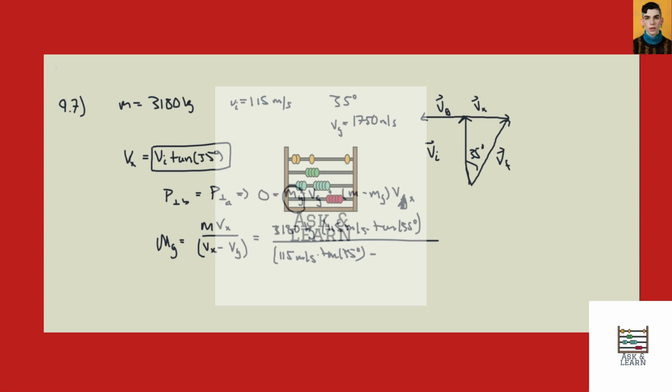Now we can subtract off the speed of the gas. The tricky thing here is that this gas is moving in the left direction and Vx is in the right direction, so we have to make sure to put an extra minus sign here, 1750 meters per second. Awesome. And now with all of this, we can plug it into our calculator. What we get out is a mass of the gas of 1.4 times 10 to the 2 kilograms. Cool.